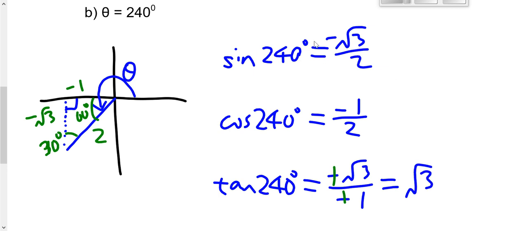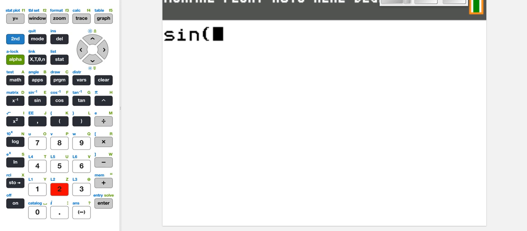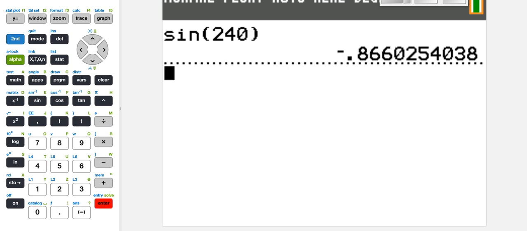Some of you may say, Chang, well, you are experienced, so you realize that for an angle in quadrant 3, sine would be negative. So if you want to double check your work, you can do this. Sine 240, clear, sine 240, that gives you a negative number.